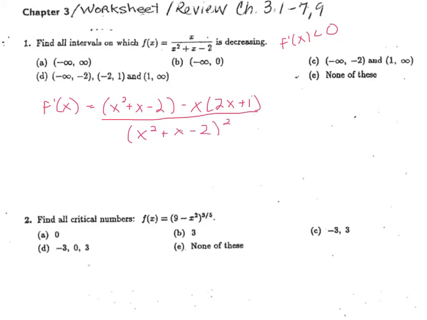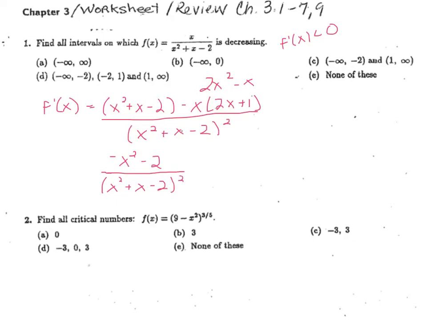And so if I simplify the top, I'm going to have a 2x squared minus x right here. So that would give me a negative x squared. And the x's would cancel. And then I would just have a minus 2.